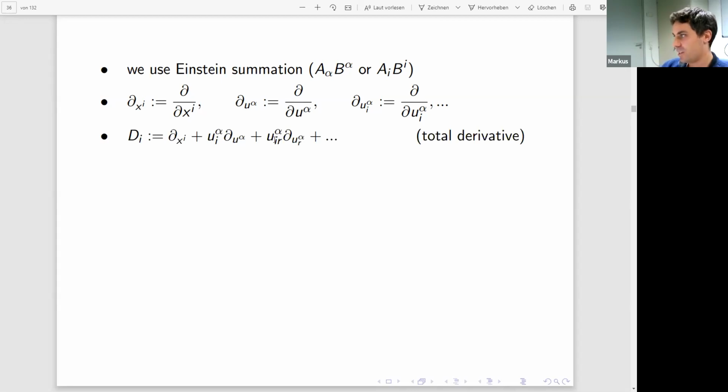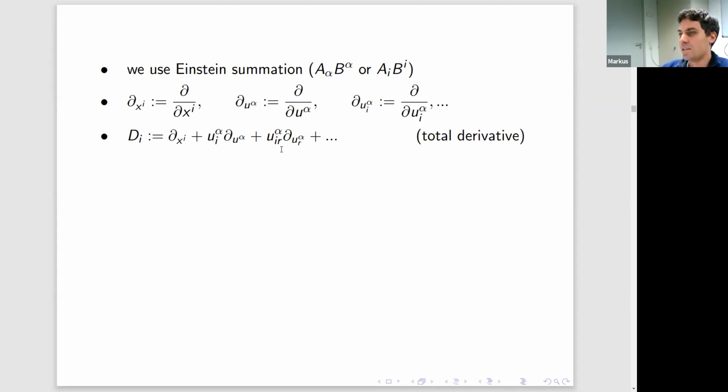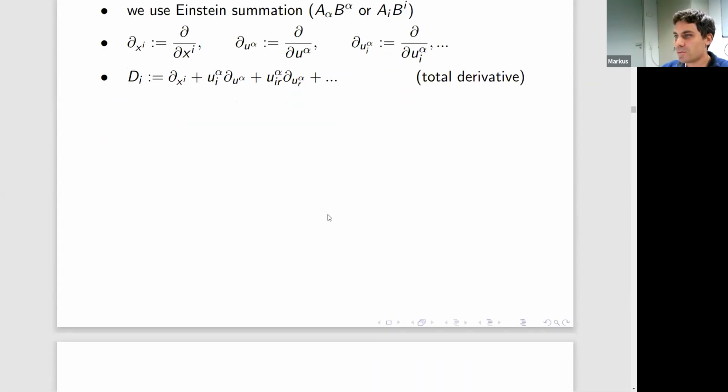Basically what it does is it treats u as a function u of x and so on, and then you just have the derivative with respect to x. So it imitates this differentiation with respect to x, but on the jet space, not on M.